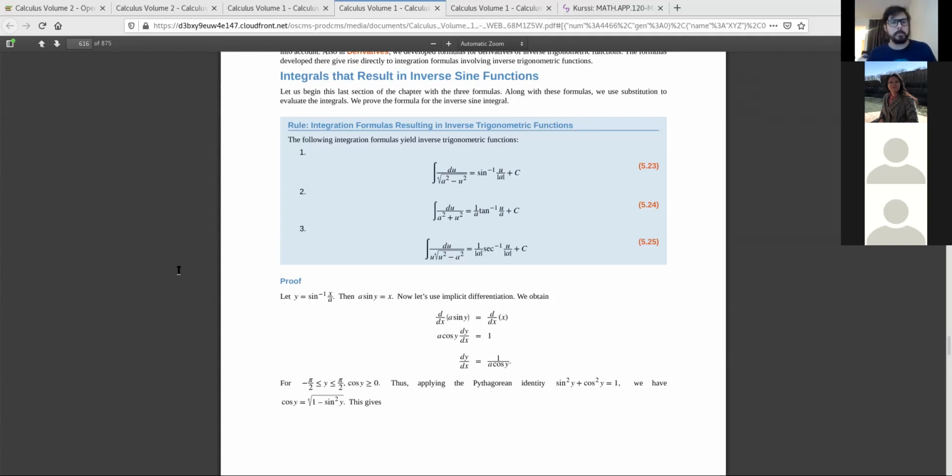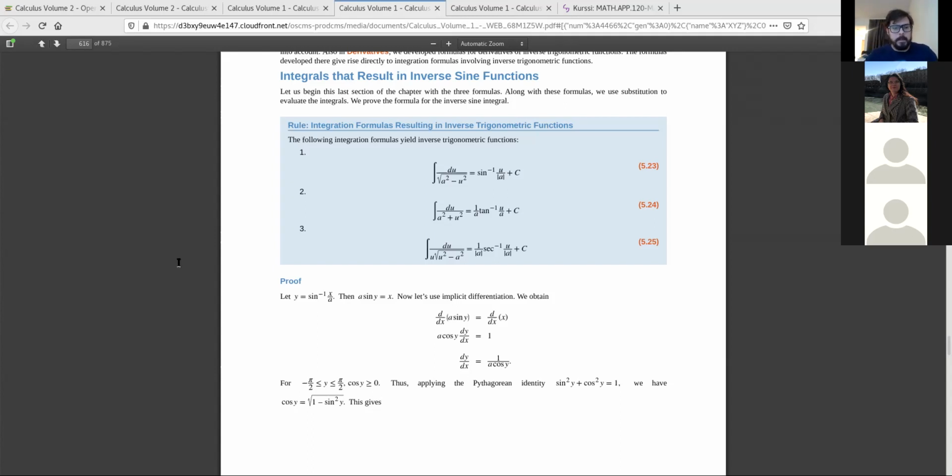But remember, what is the sinus of x? Let's assume sinus of x is greater than 0. Let's just assume that this is so.